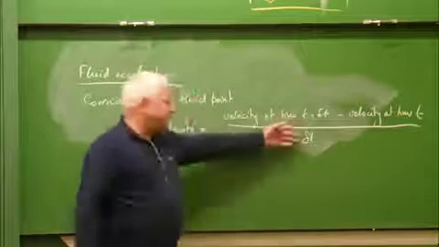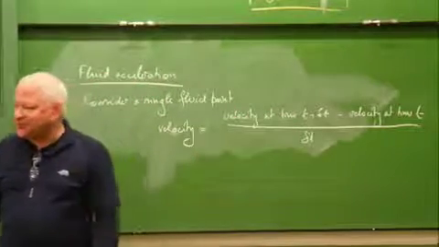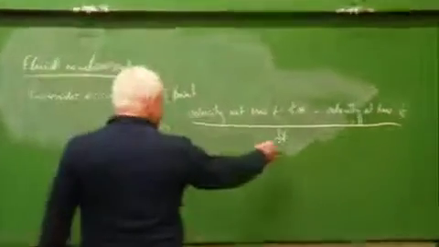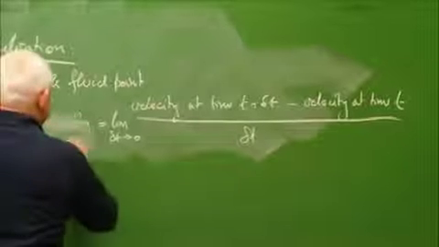And, well, this gives you the average acceleration. This is the same definition as you have for point particles. And then as you allow delta t to become smaller and smaller, in other words, in the limit as delta t goes to 0, this defines the acceleration.